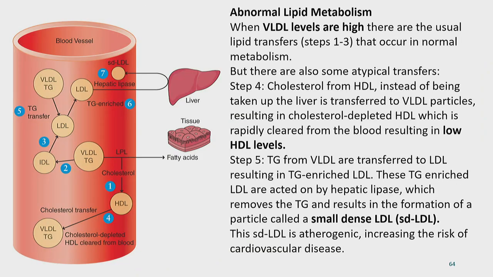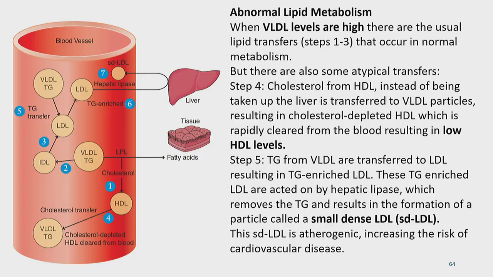So this is what happens when we have abnormal lipid metabolism. When VLDL levels are high, there are the usual lipid transfers that we saw in the previous slides, here in steps 1, 2, and 3. But there also are some atypical transfers. The cholesterol from HDL, for example, instead of being taken up by the liver, is transferred to the very low density lipoprotein particles, or the VLDL.